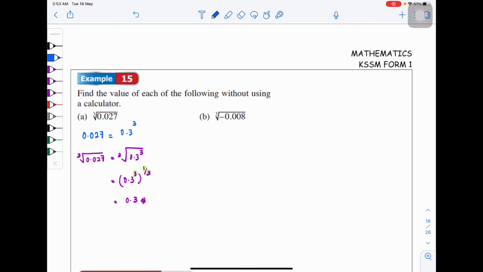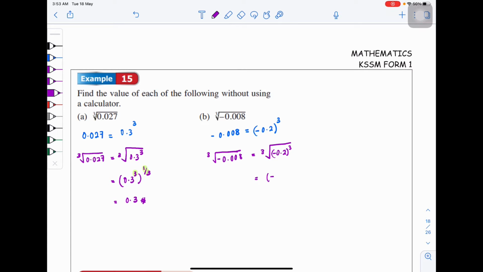Similarly, we can also put negative 0.008 into negative 0.2 to the power of 3. So, we can write down the cube root of negative 0.008 as the cube root of negative 0.2 to the power of 3.